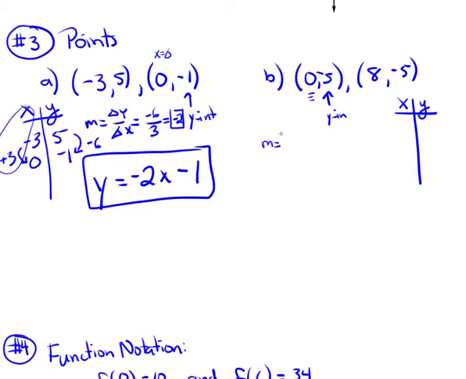Slope is y sub 2 minus y sub 1 over x sub 2 minus x sub 1. So when we substitute those in, we have to be very careful that we have subtraction and that we put our points in correctly. So this is our x and our y. I'll just choose this point.